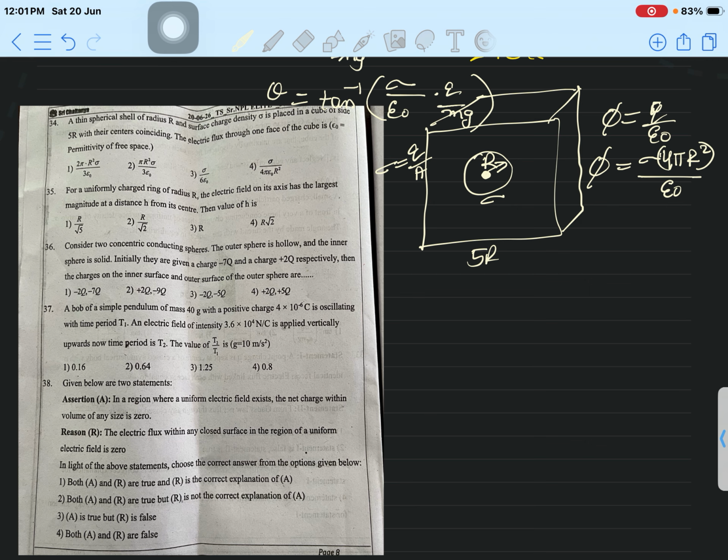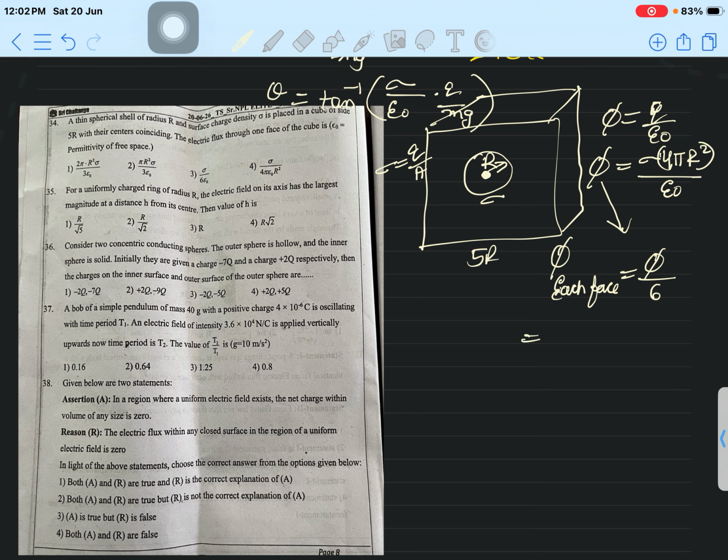Okay, now how many faces are there for a cube? 6, sir. That means this total flux is distributed equally through 6 faces. So each face will have 1/6 of the flux we found out here, no?